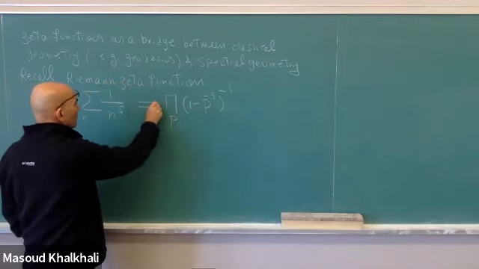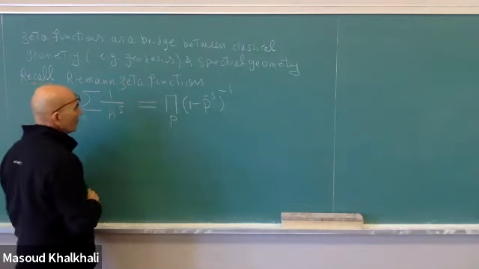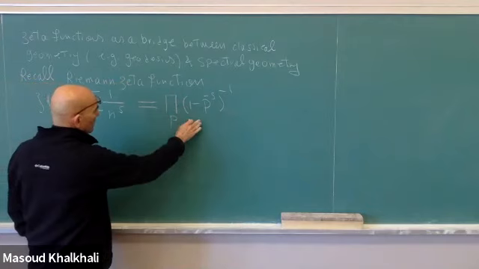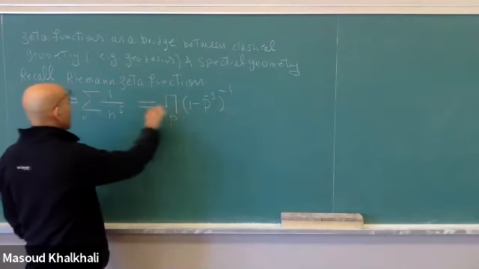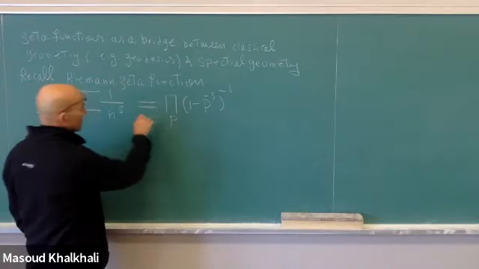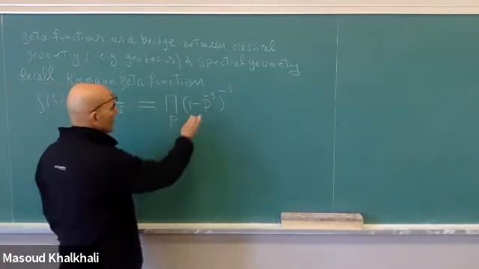The fact that these two are equal is called the Euler product formula. This is a very important, very deep observation of Euler. We can define it either by the right-hand side or by the left-hand side, and the equality of these two reflects a very deep fact about the zeta function and about primes.